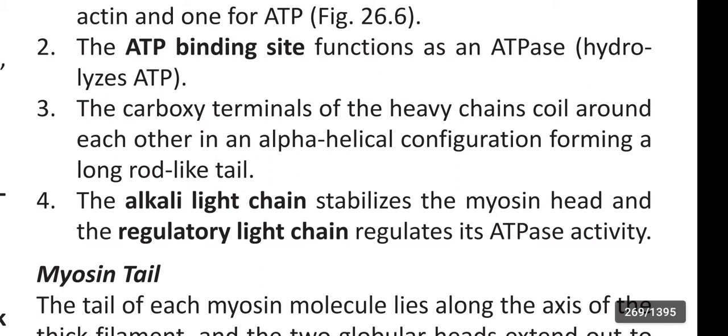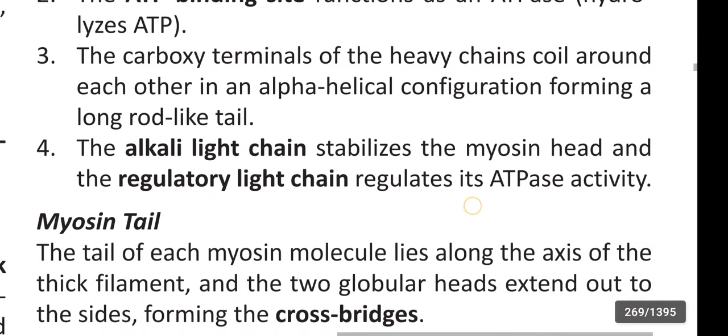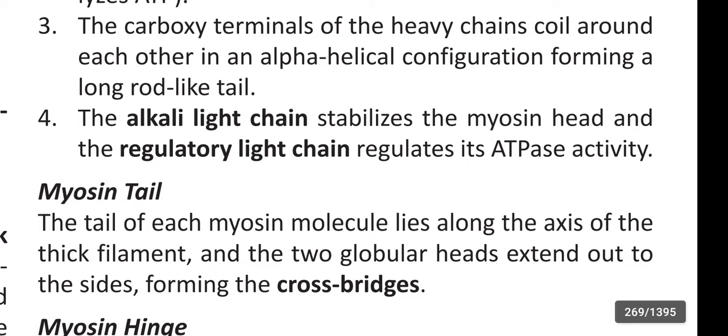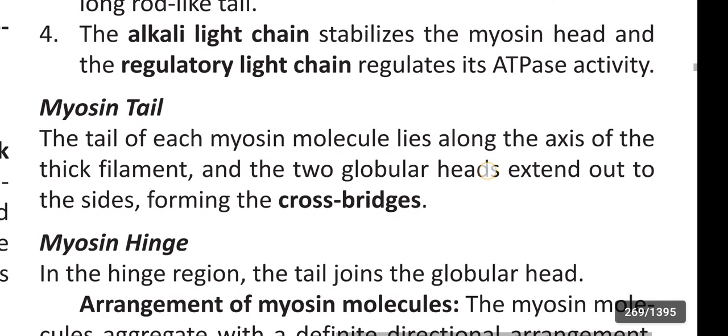The alkali light chain stabilizes the myosin head, and the regulatory light chain regulates the ATPase activity.